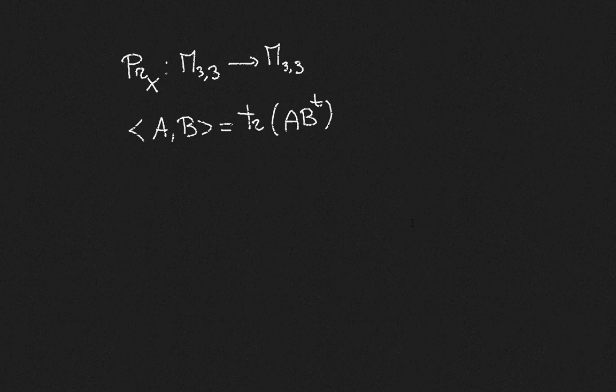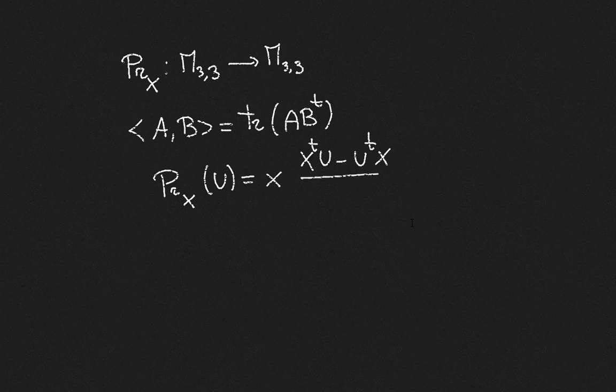With respect to this scalar product, this function is a projection. And you can easily see that the result lies in the space which we defined before. So this is an orthogonal projection with respect to this scalar product.